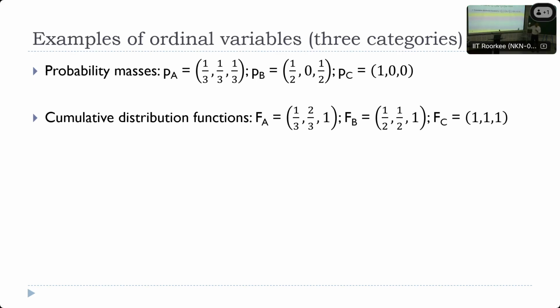So does it make sense? You understand how the probability masses should be read. You have three categories, and you have the proportion of people in each category. That's the information we generally have for ordered categorical variables, or ordinal variables. We do not have any number.